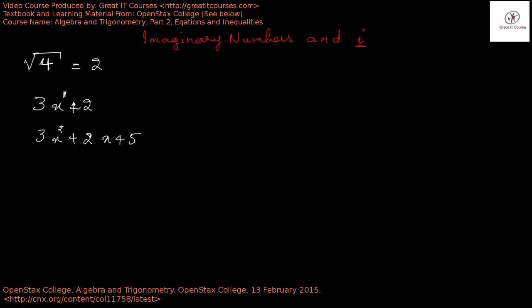If I want to solve 3x plus 2 equal to 0, then 3x is equal to minus 2 and x is equal to minus 2 by 3. This has only one root because it's a polynomial of the first degree. But this one is a polynomial of the second degree, and so it has two roots.